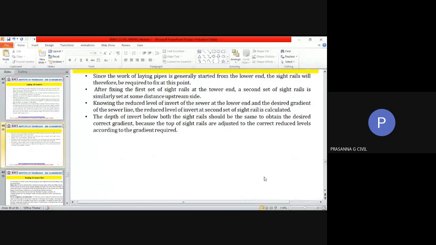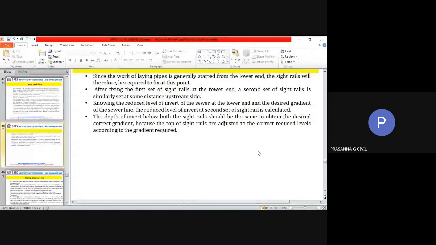Now, since the work of laying pipes is generally started from the lower end, in the case of wastewater, they start from the lower end and proceed upwards. The site rails will therefore be required to be fixed at the lower end first, and then you will go up as the pipeline continues. After fixing the first set of site rails at the lower end, a second set of site rails is similarly set at some distance upstream.